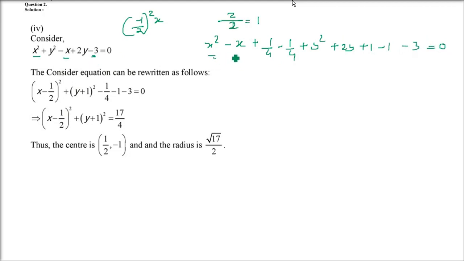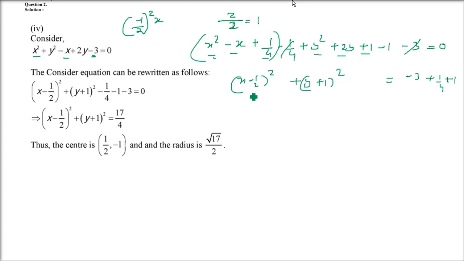So from here to here, you get x minus 1 by 2 whole square, that is one perfect square. Then I'm taking everything to the right hand side, so 3, 1 by 4 and 1 on the right hand side, all plus. So plus 3 plus 1 by 4 plus 1. Making it a perfect square, y plus 1 whole square.